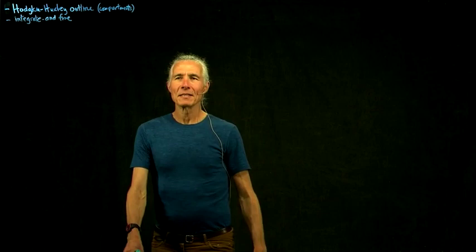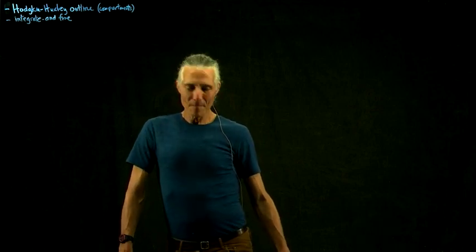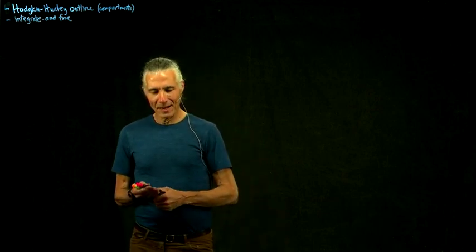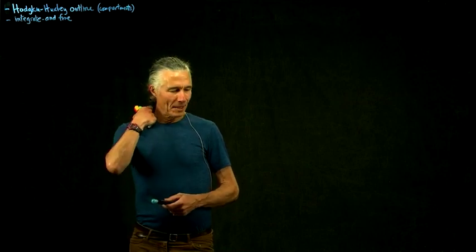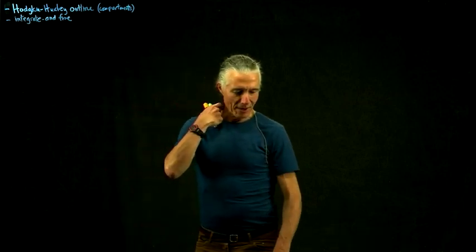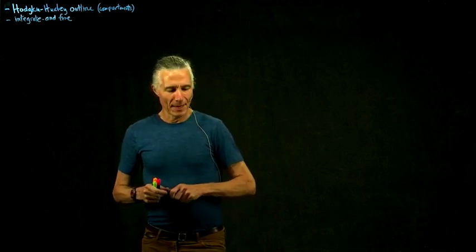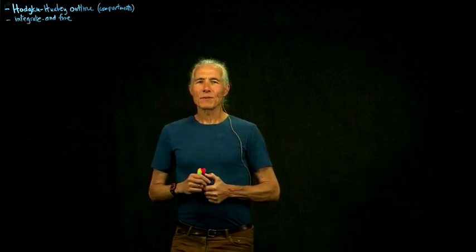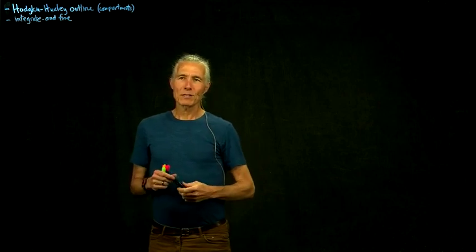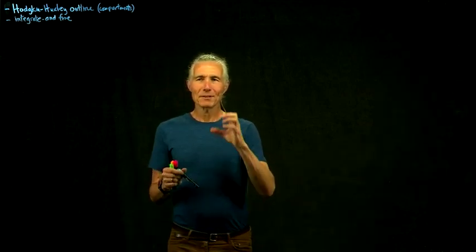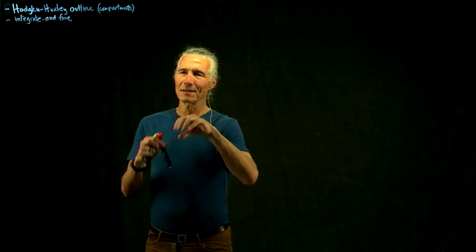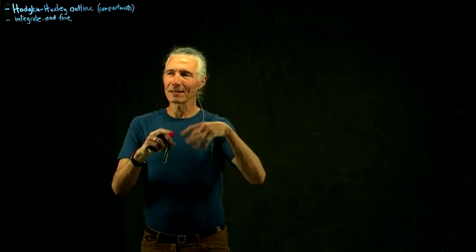So what are we modeling? Let's first make a simple electrical circuit model. For the first part, we're just going to talk about a point neuron. So it doesn't have any dendrites or any spatial extent.